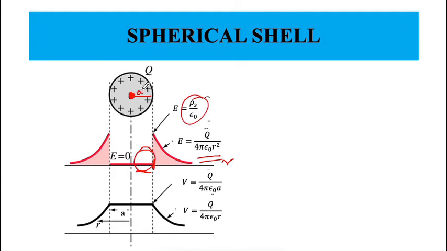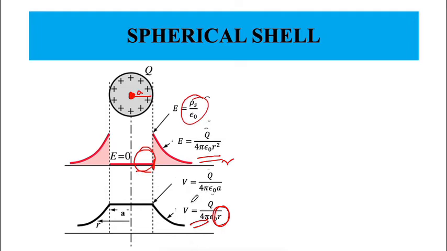Now what about the potential V of r? We know that potential and electric field are related to each other, and we can calculate the potential. The potential of an electric field which goes as 1 by r square will go as 1 by r. This is similar to the point charge potential that we have seen.